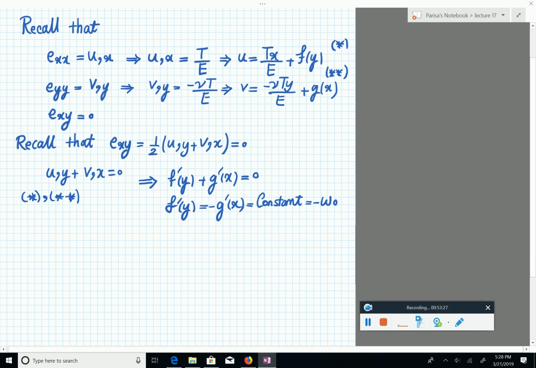So if we do that, then we can have a relationship for f of y. Then it is simple.